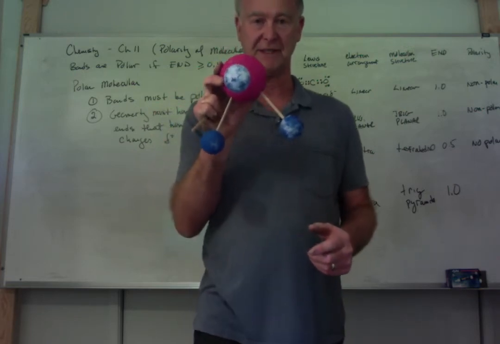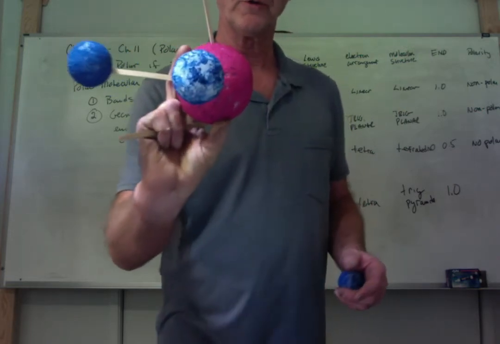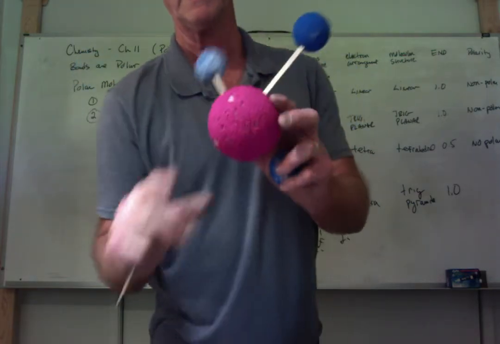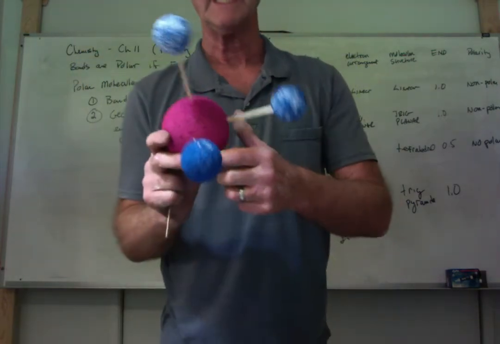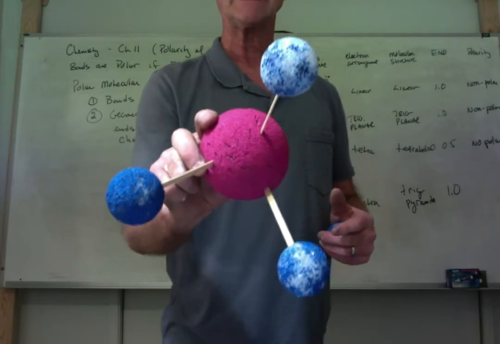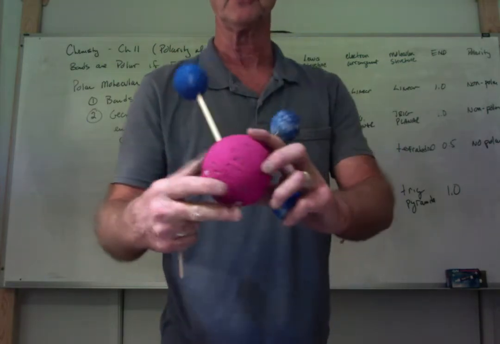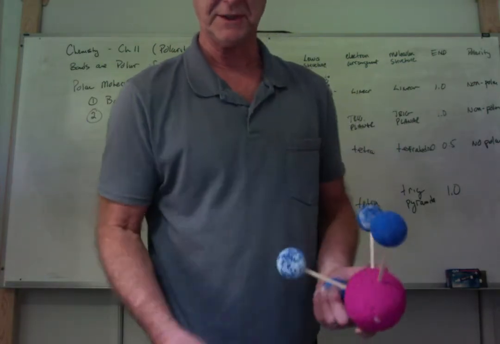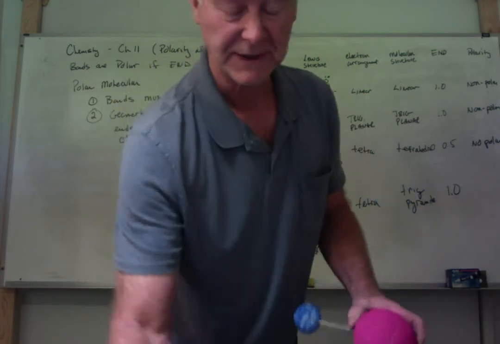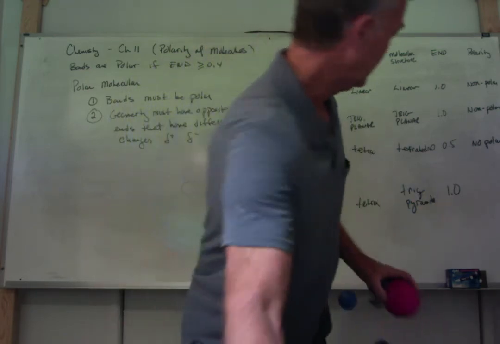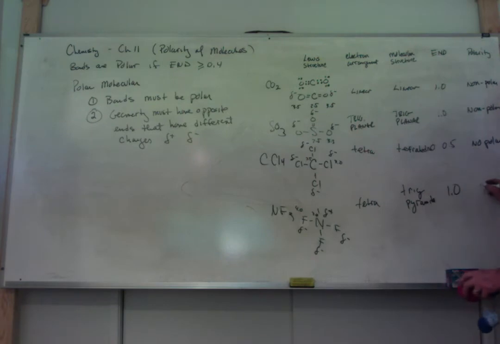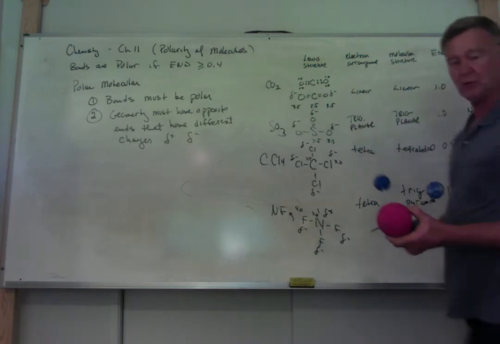In other words, I could have this come at you this way, or this way, or this way, or this way. When it comes any one of those other 3 ways, it's a negative coming towards you. This end of the molecule is positive. And so this molecule is polar. It's polar.